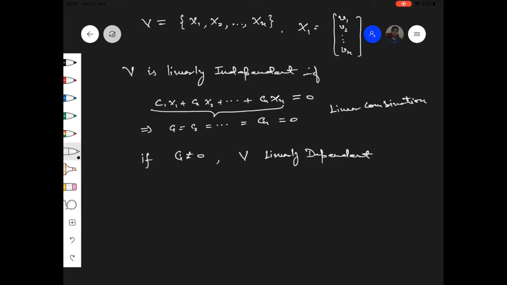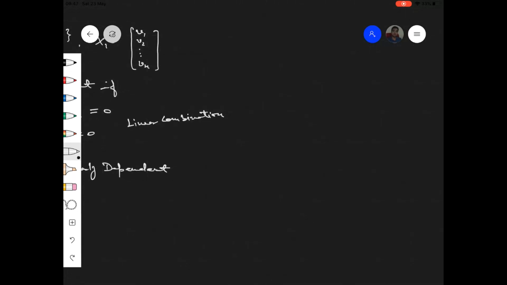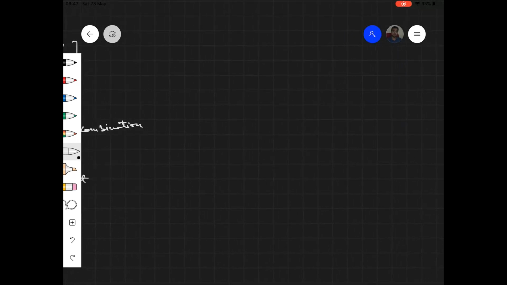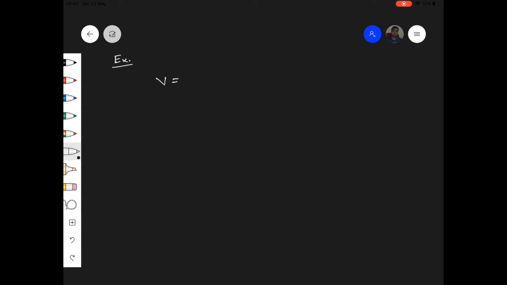So let's begin with an example. Let's choose a set V which has elements 1, 1, 0, then 1, 0, 1, and the third vector is 0, 1, 1.